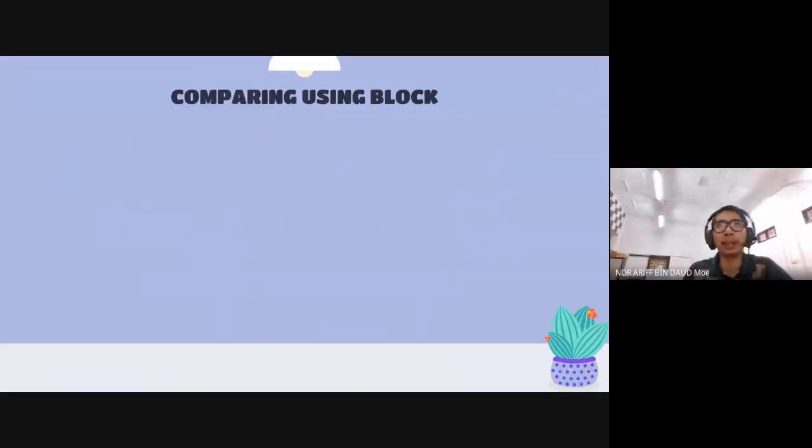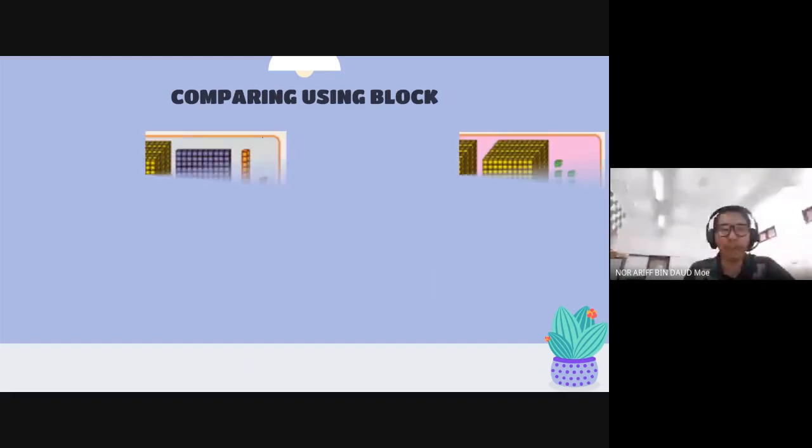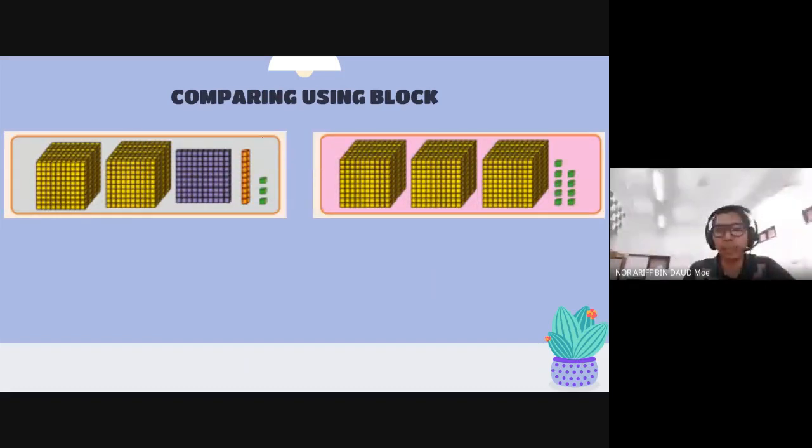Okay, next. Comparing using blocks. Okay, we want to compare using blocks. I have two types of number blocks here. Okay, I put A and B. Now the first step you must do is state the value for A and B first. Can you tell me the value for A?